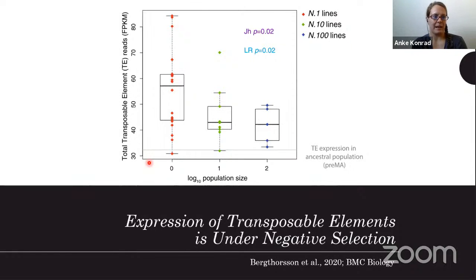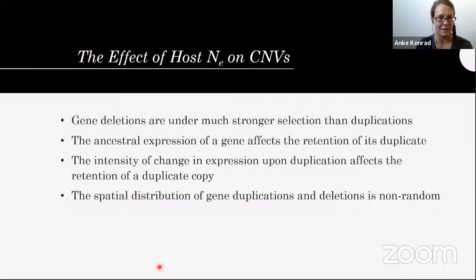The transposable element expression and copy number in these C. elegans lines also significantly decreases with population size, which also implies that not just the gene duplicates of protein coding genes, but also the gene duplicates of transposable elements are under selection in these lines. And this paper is a pretty decent read. So anybody interested in transposable elements, I highly recommend it.